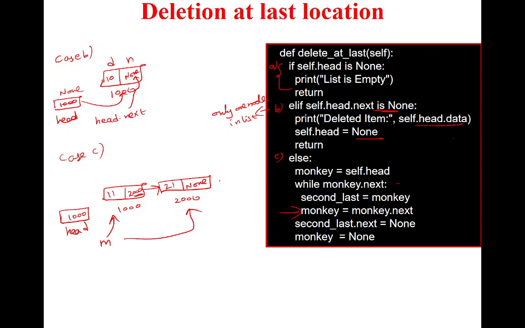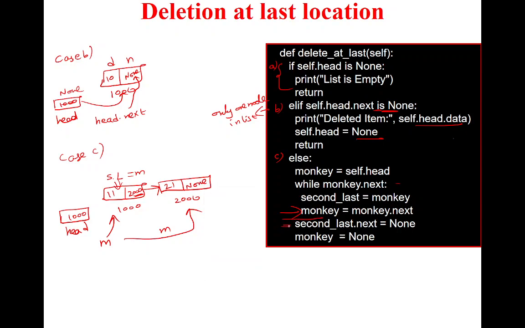Before that, we have this one small monkey. We are storing the second last. This is the second last node. We are assigning monkey to the second last node before we jump. So this will be assigned over here, the second last node is pointing here, and the monkey will jump. Now the monkey is pointing to this node. Again it will check monkey dot next. Monkey dot next is none, so it will come out of the loop.